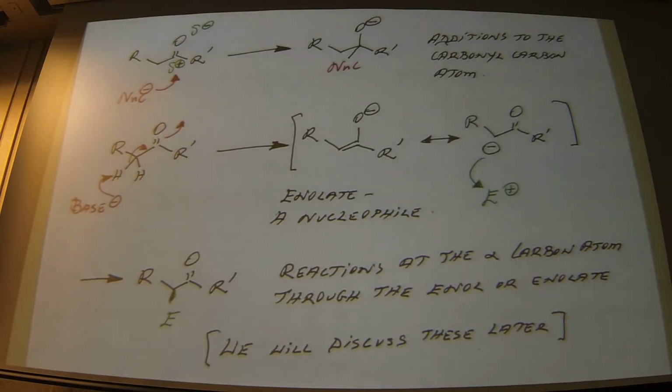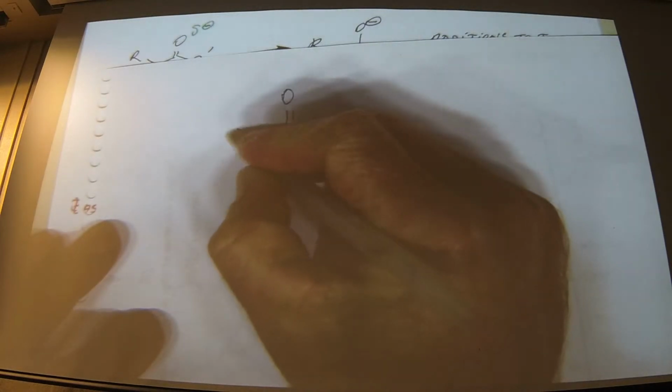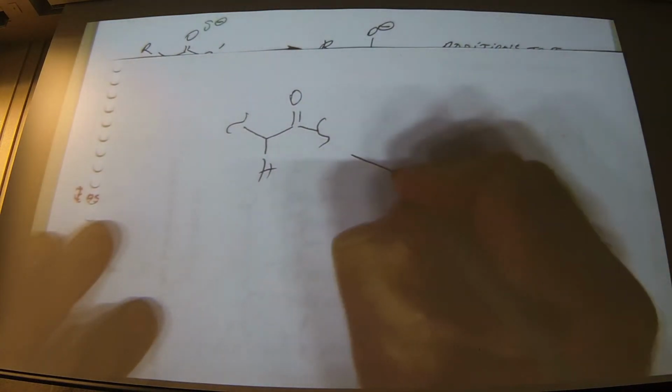Whenever you have a carbonyl compound, any carbonyl compound as it turns out, I don't care what's here, I don't care what's there, and I have at least one hydrogen atom there, then what it means is that this can do two things.